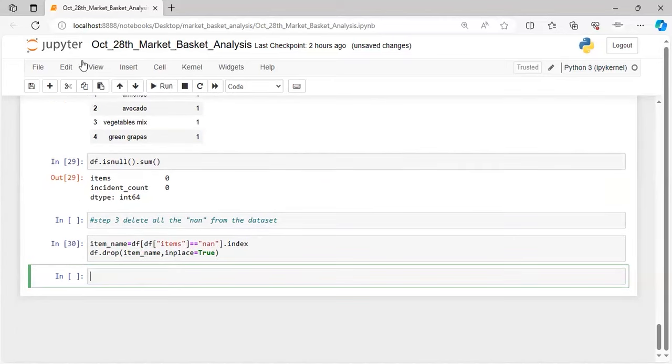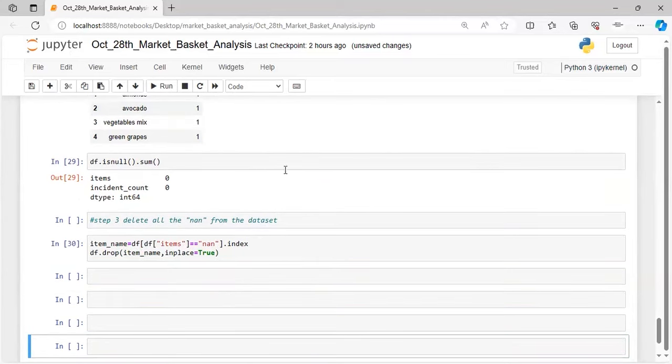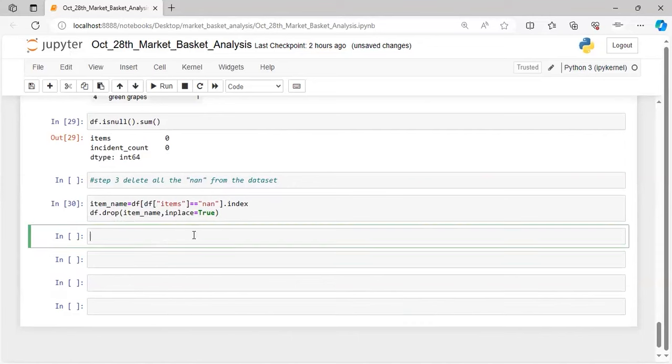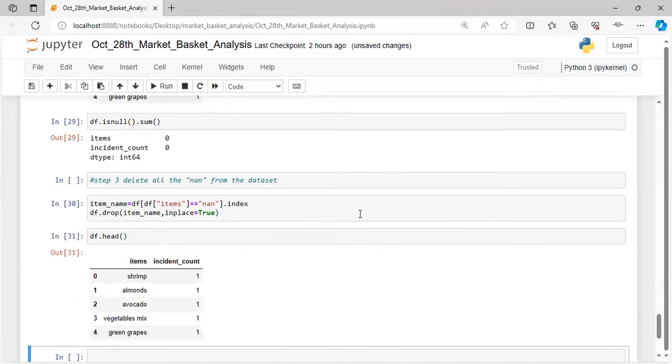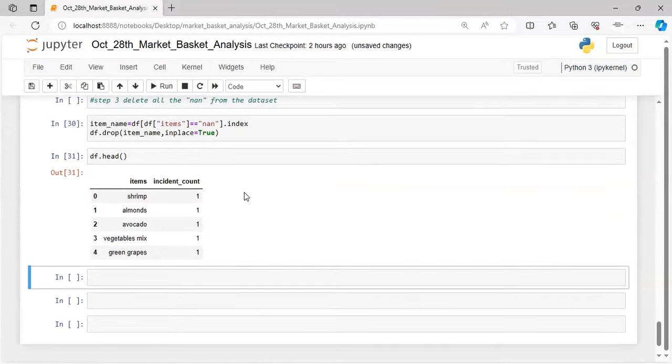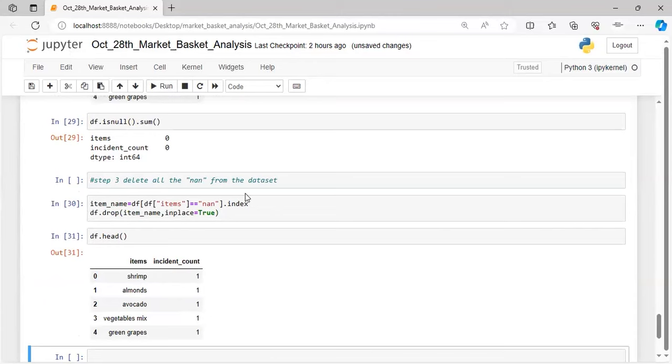Now if you see df.head, you will not find the none values. We have dropped whatever none was mentioned.